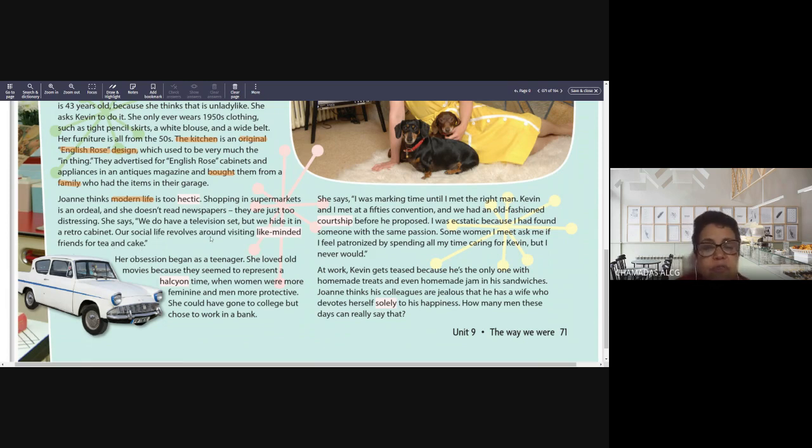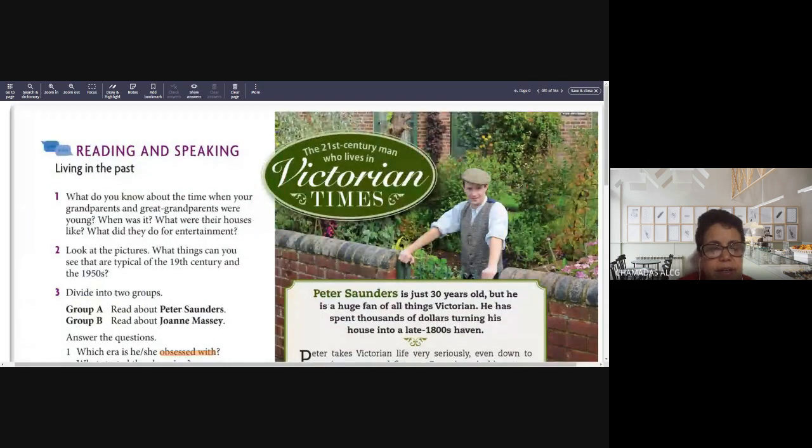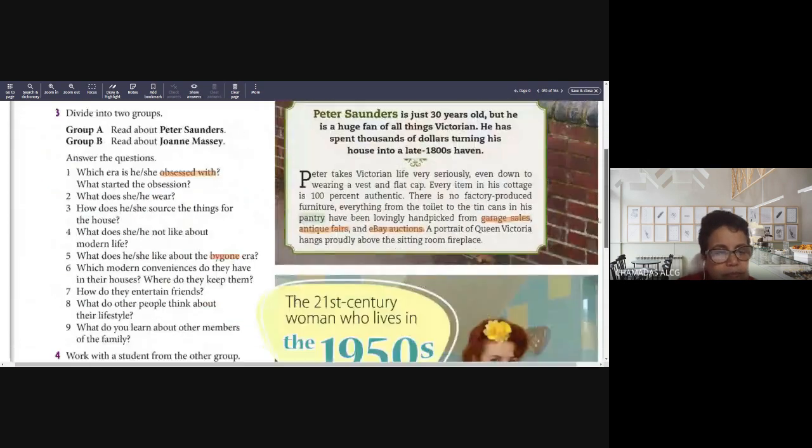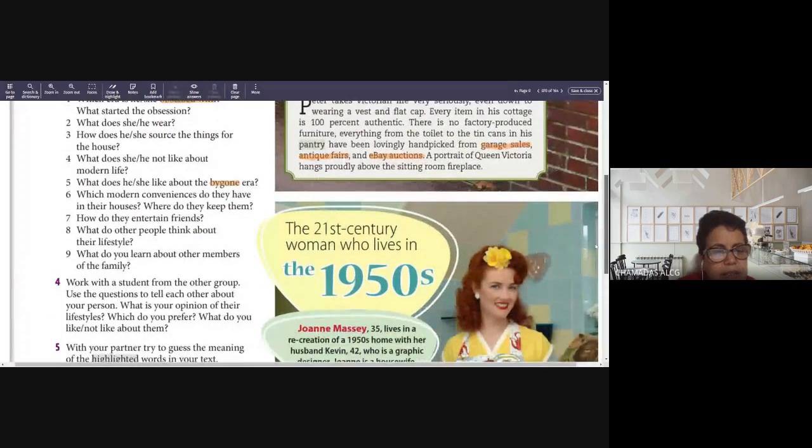So visiting friends, basically this is what they do for fun. So they visit friends who think like them for tea and cake. So this is what they do for fun. All right.